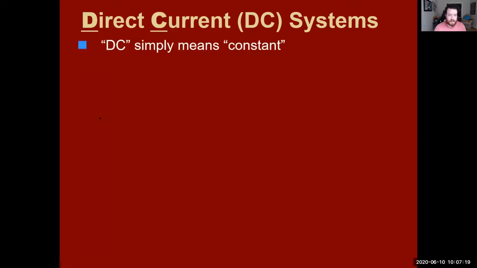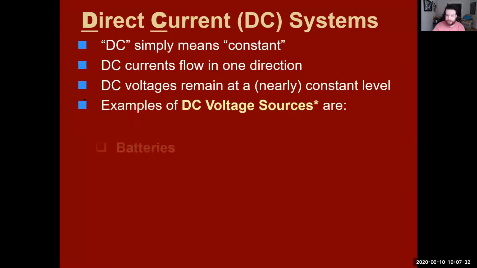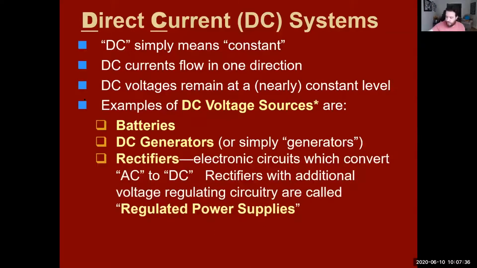So DC current. DC simply means constant. All right. Current flows in only one direction. The DC voltage remains at a nearly constant level. Batteries are a DC voltage source. DC generators are simply a voltage source.